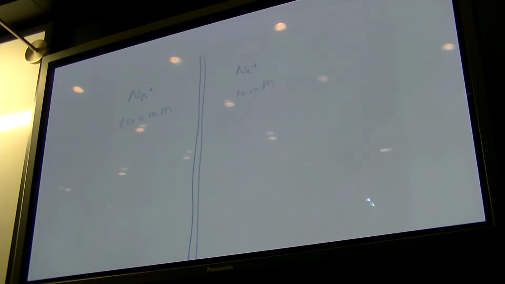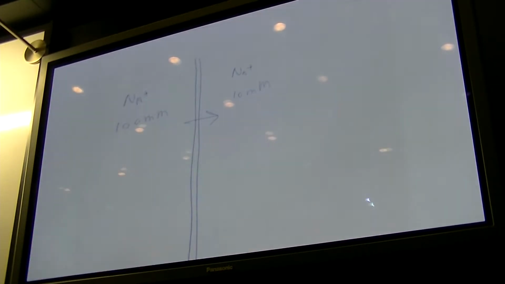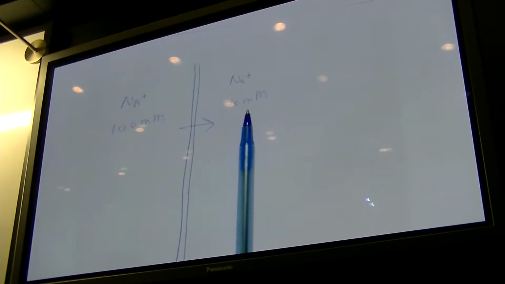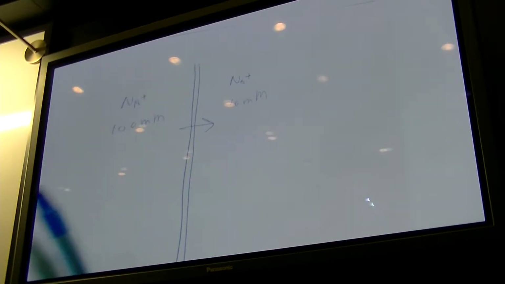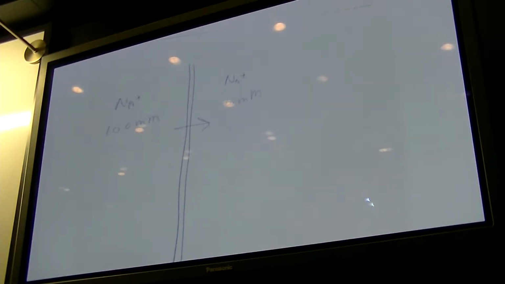If it moves across the membrane in this direction, there will be a free energy change because of the concentration difference. For this example, the free energy change is the same as what we had for glucose a moment ago. It's going to be the negative 1.4 kilocalorie per mole.